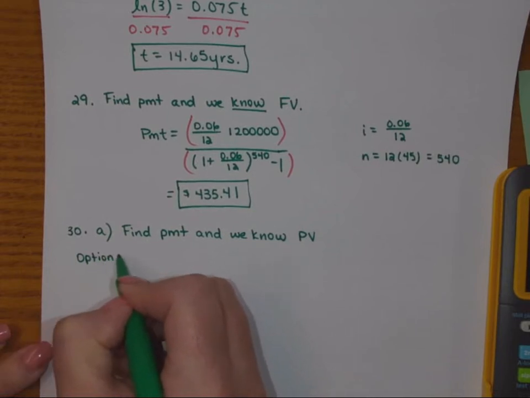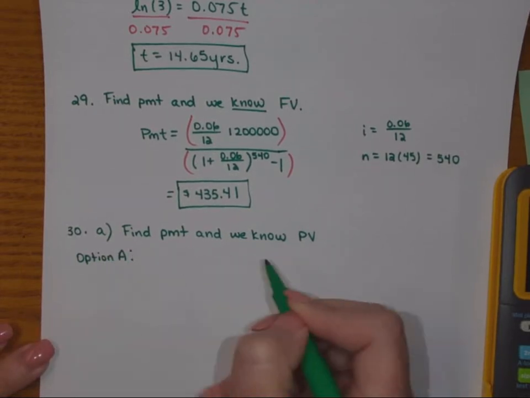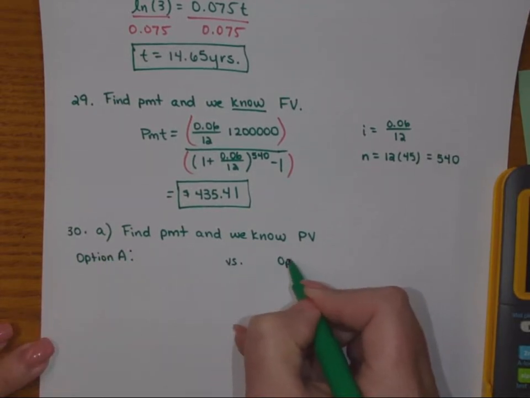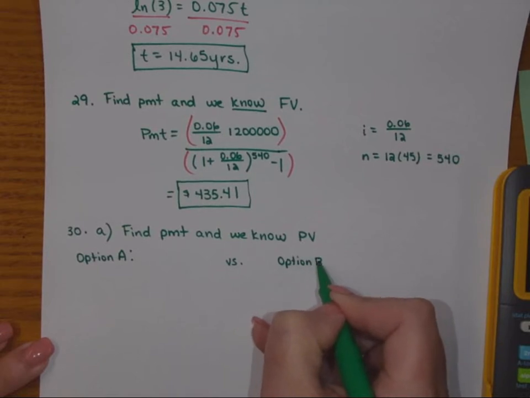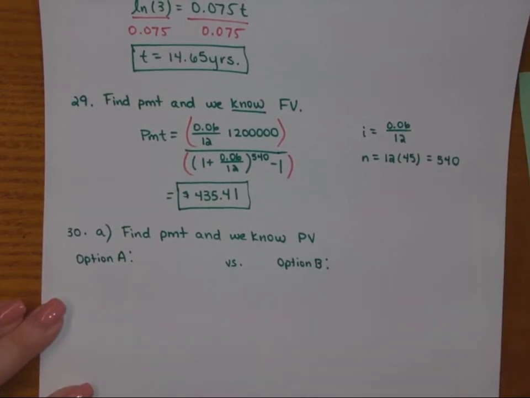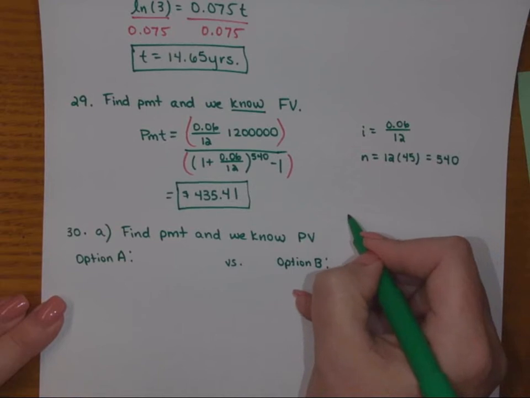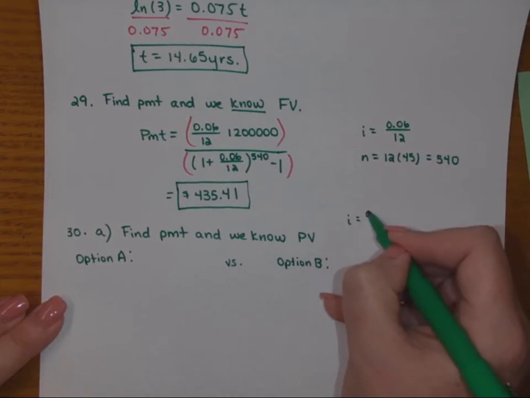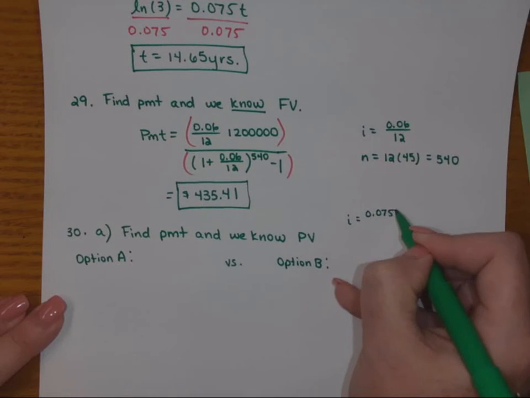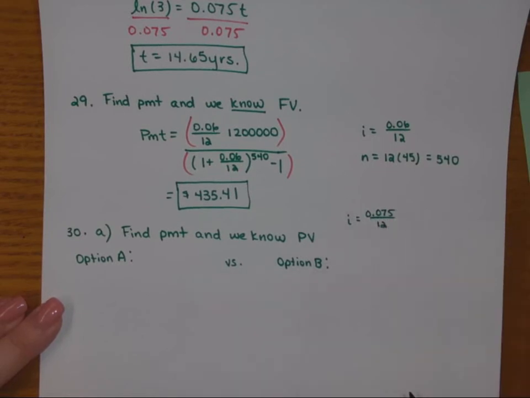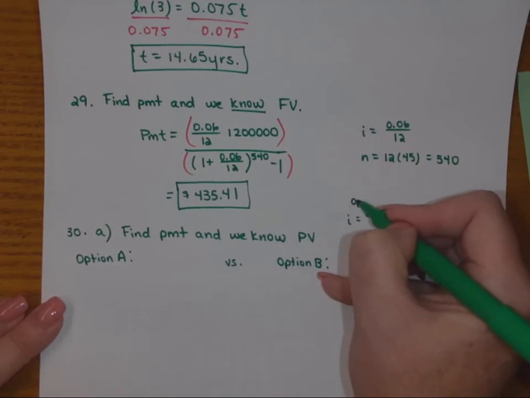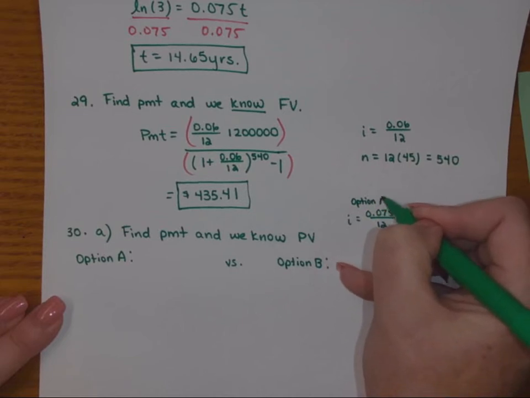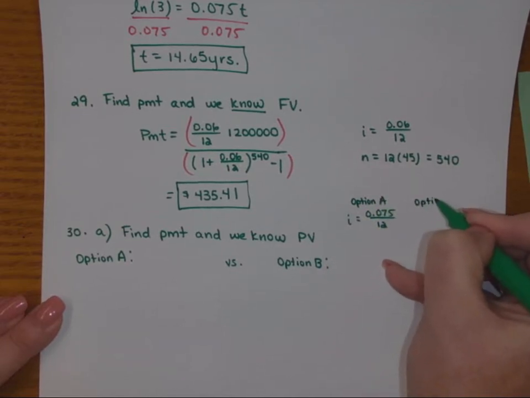So when we know that, let's compare the two options. So we've got option A versus option B. So off to the side here, I'm going to do my interest. So the interest rate is different for both of them, right? It's 0.75 over 12 for the first one, right? This is option A. And for option B, it's different.